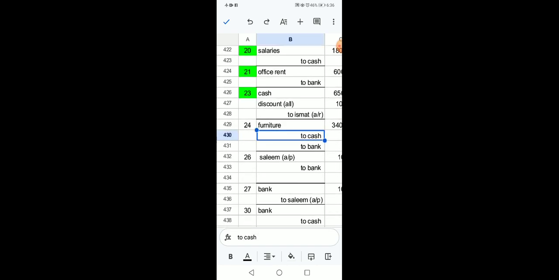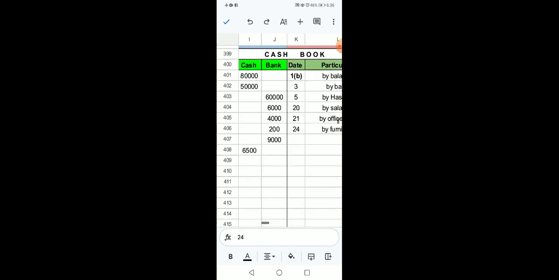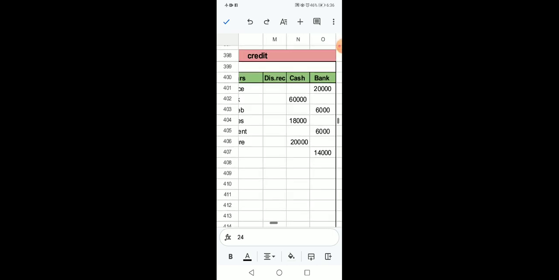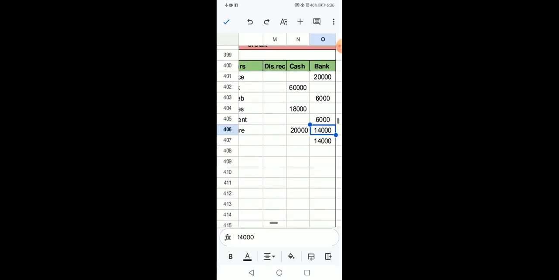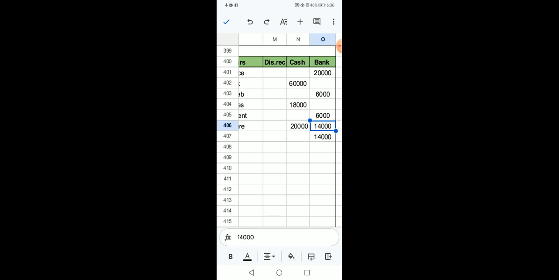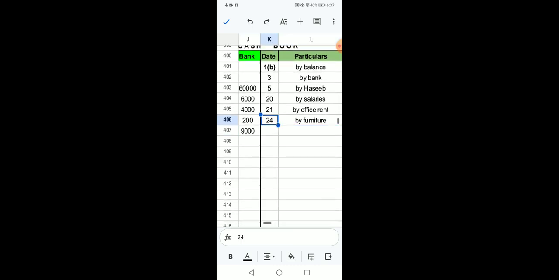For cash and bank, reference and date is same, so you may choose the same line. 14,000 can be written over here. So you will write in bank column 14,000. It was your option. You had a chance to write 14,000 on the next line, in which case you were going to write furniture again and 24 again.